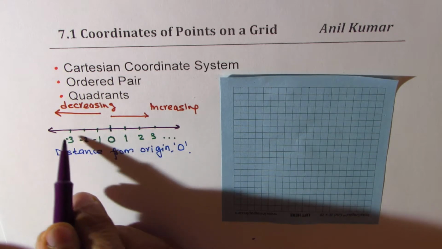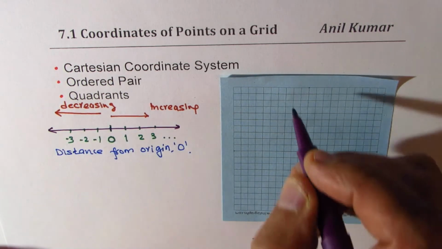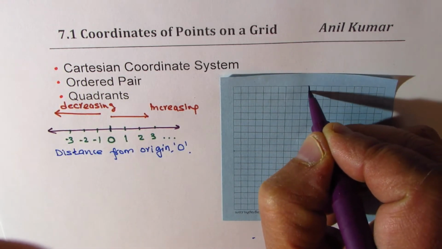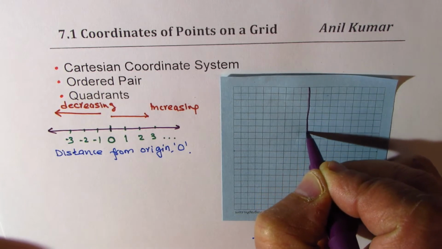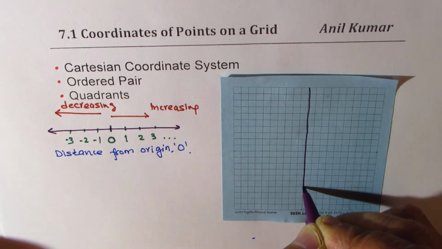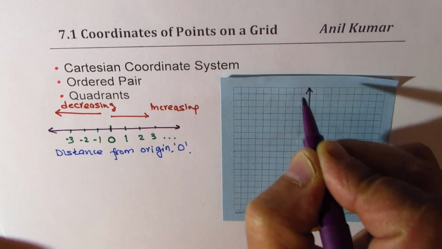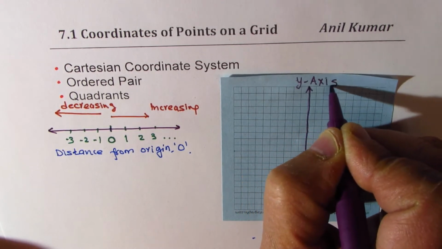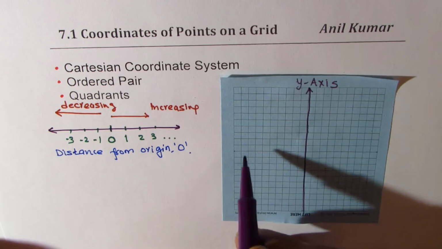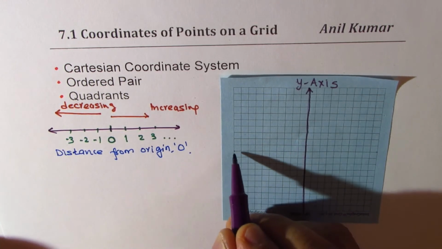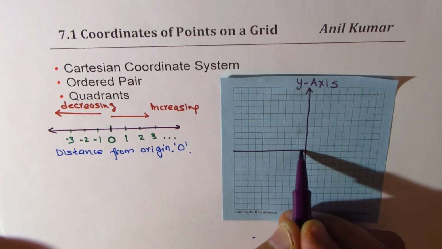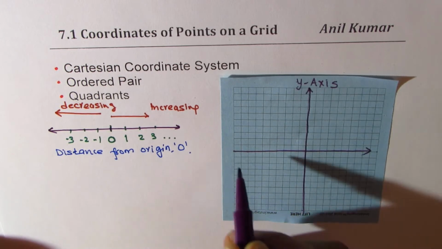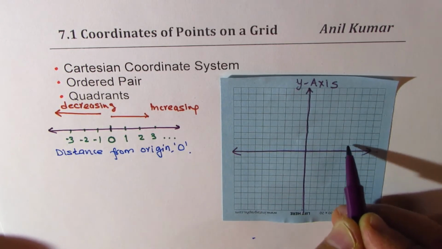Just as we had in a number line, we'll figure out the distance from a vertical line. So here is a vertical line. We call this vertical line the y-axis. So we are looking for horizontal distance away from the vertical line, and the horizontal line is given the name x-axis. Let me write here.